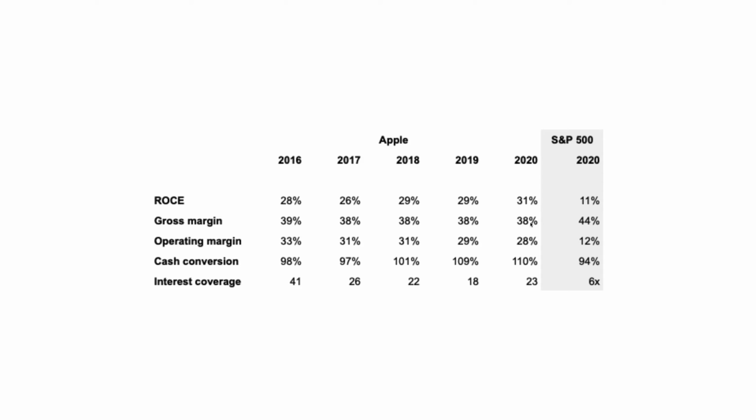You can't say yes until you look at operating margin. How much is Apple's operating margin? About 30%. And for the index? 12%. So Apple is doing really, really well there. So one question you can ask is, how come gross margins are lower, but operating margin ended up still being higher?